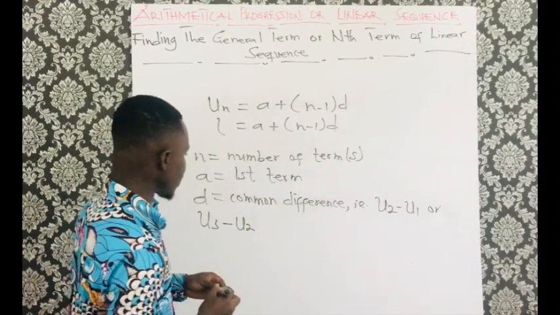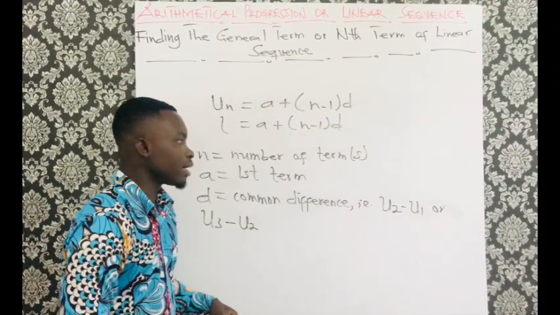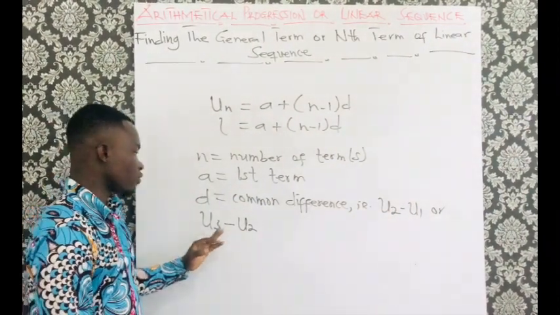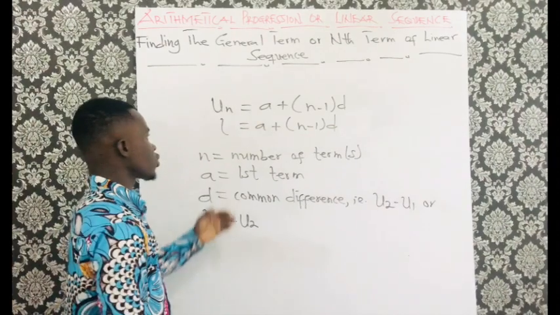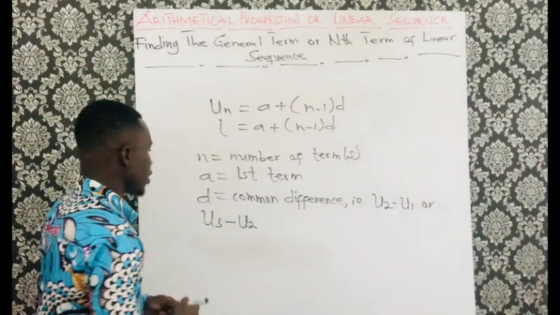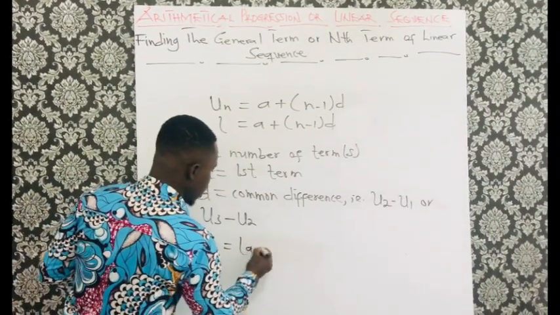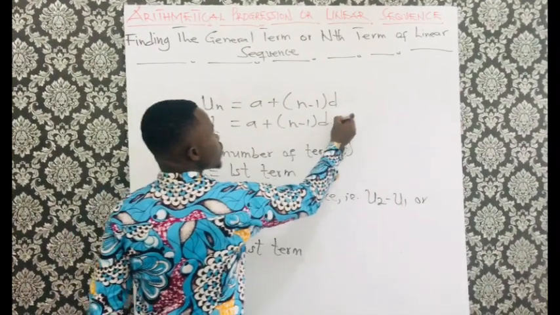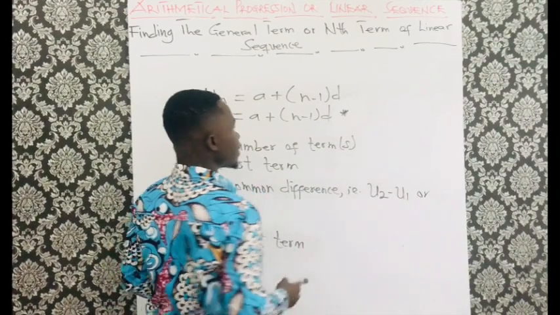The common difference is found by subtracting the first term from the second term, or by subtracting the second term from the third term of the sequence. We also have L in the second formula, which means the last term. This formula is used when the last term is given.